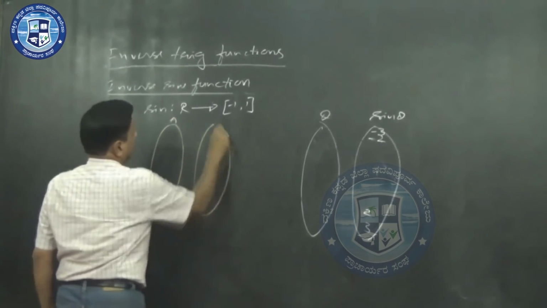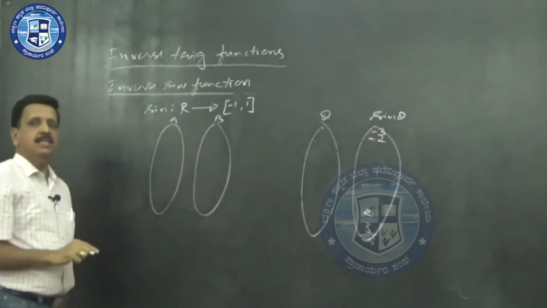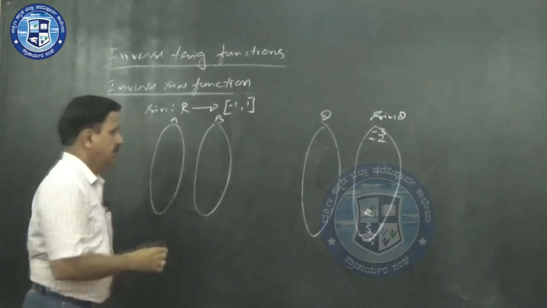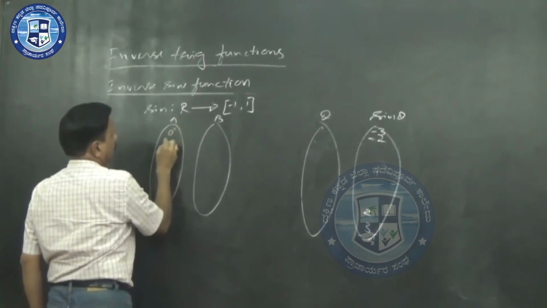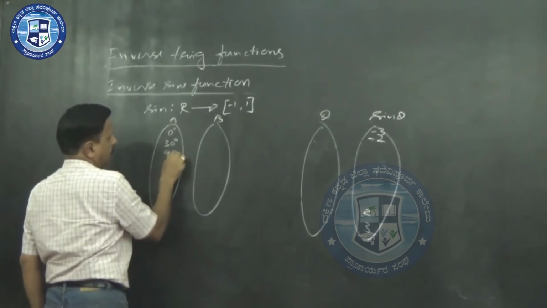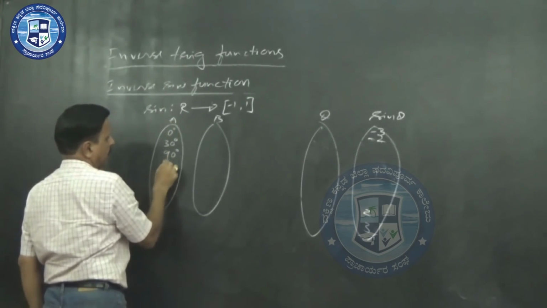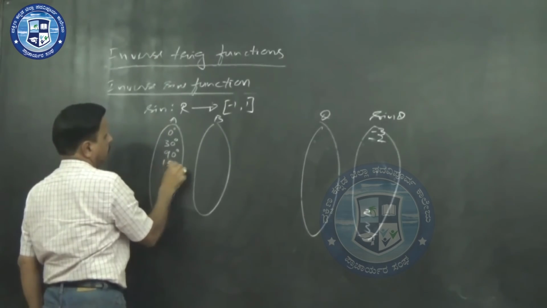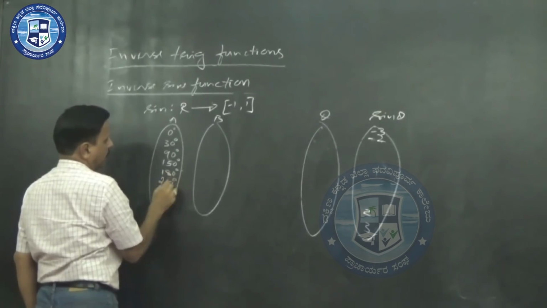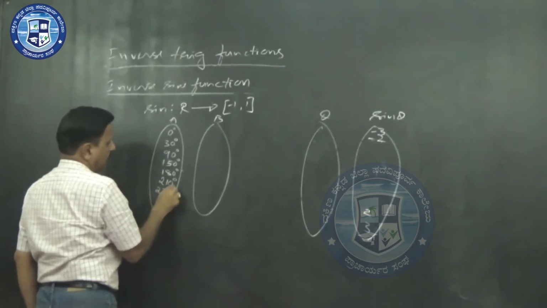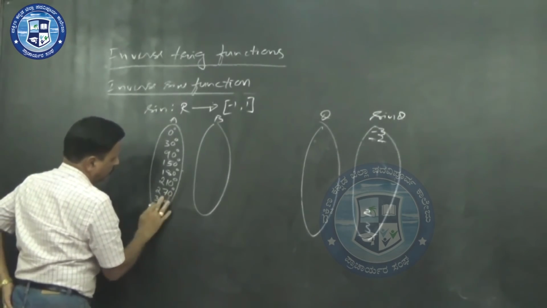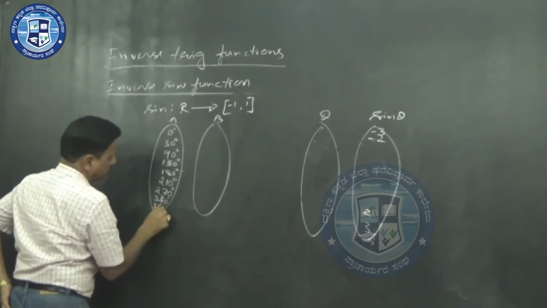Now let us consider it in the form of mapping. Set A, set B. Let me consider representative angles in different quadrants: 0, then 30 degrees in the first quadrant, then 90 degrees, the extremity of the first quadrant, then 150 degrees in the second quadrant, then 180, then 210, 270, 300, 330, and 360.